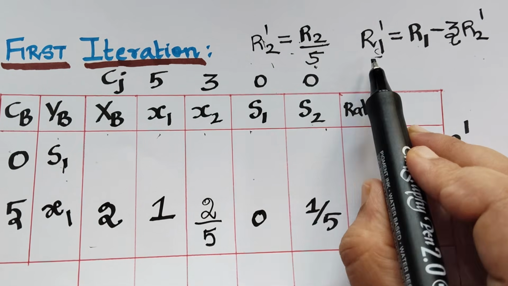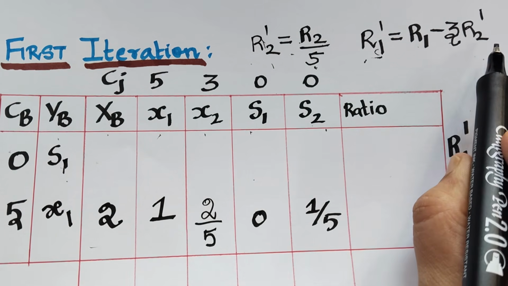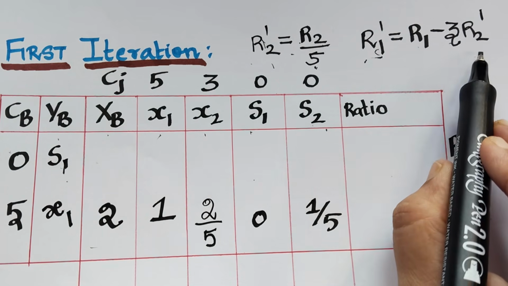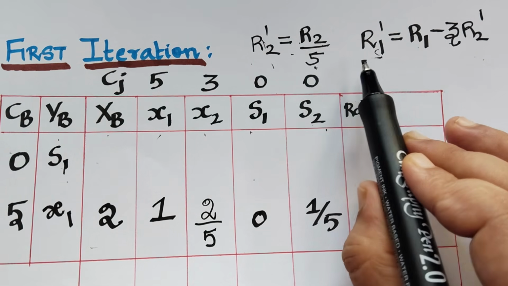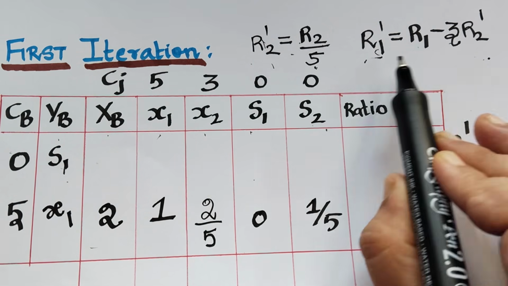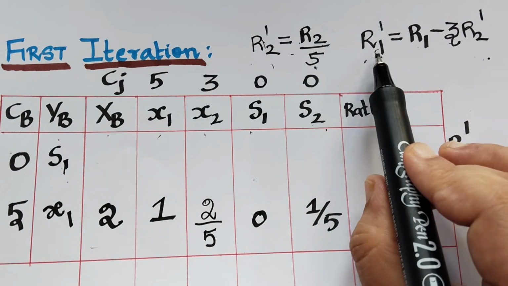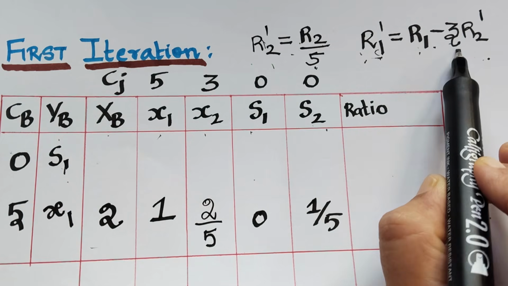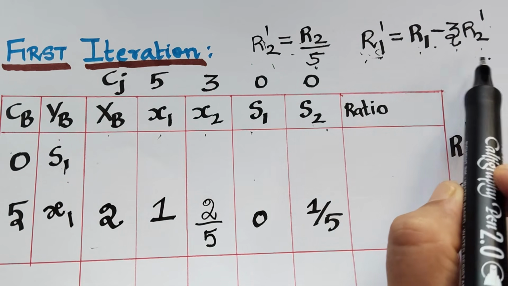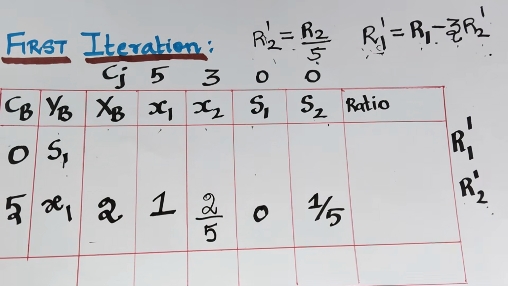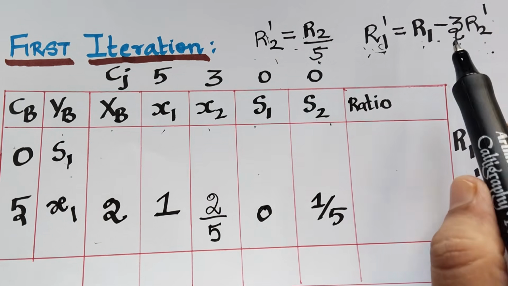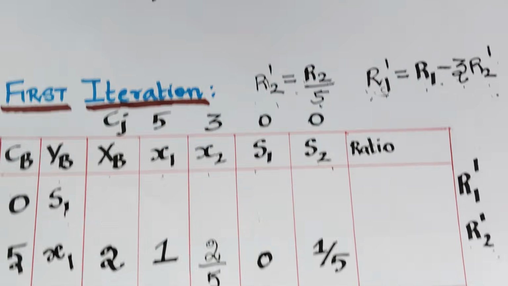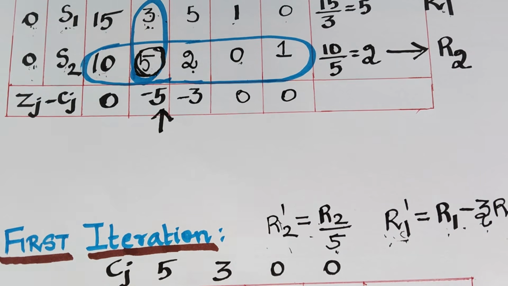This may seem to be a little difficult for you in the beginning, but as you practice more problems, this will become handy for you. So you need not worry. We have to find R1 dash, which is equal to R1 minus 3R2 dash. In order to find this, we will do this calculation separately. First we will write R1.